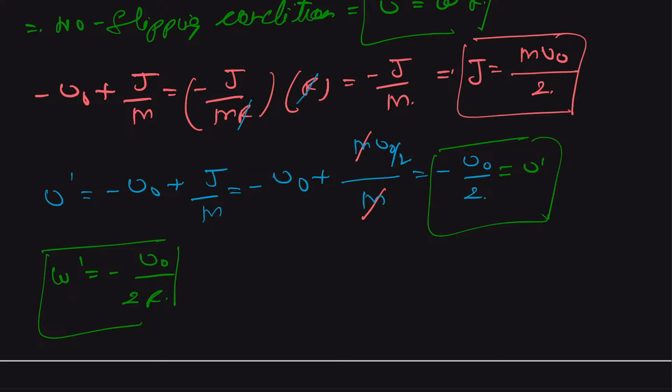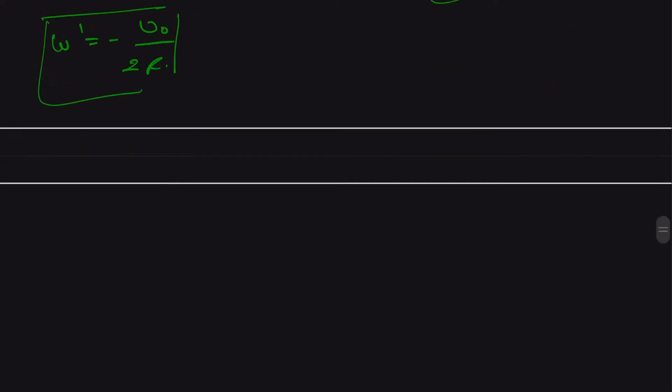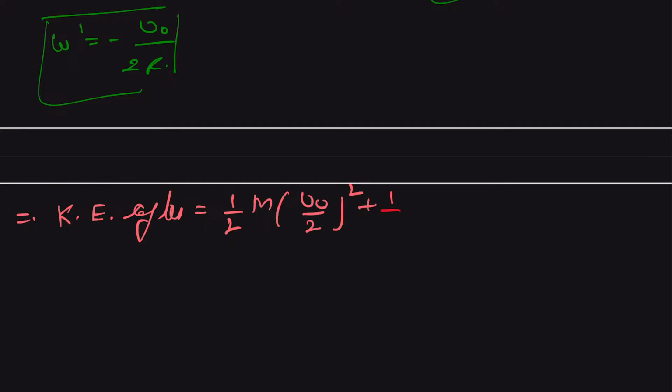Now we can easily find out the kinetic energy. So our kinetic energy after will be equal to our rotational as well as translational. So this comes as half V naught square plus half I omega square, because this is negative and anyway squared, so this comes as V naught upon 2R whole square.